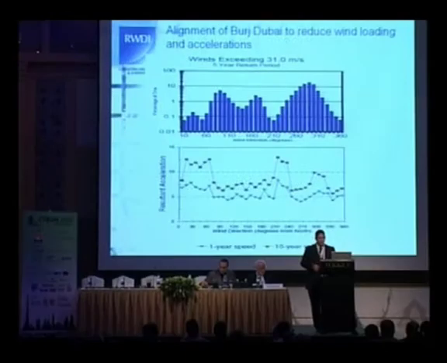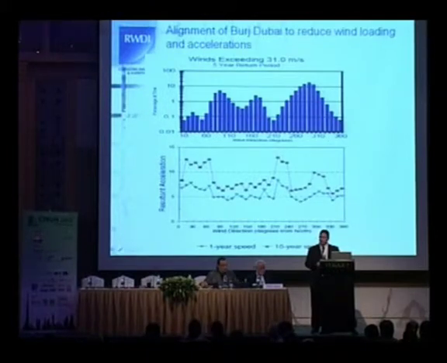And the interesting thing, which we were able to do early on, was orient the building in such a way that the wind directions causing the high accelerations were oriented with wind directions where there's fairly low probability of high winds. So that's beneficial to the structure.